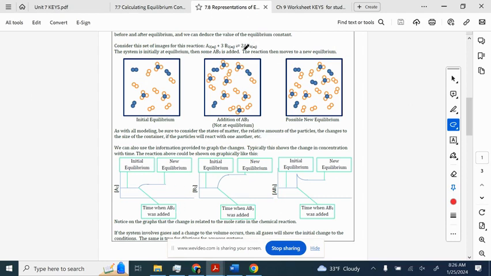So they're adding in more of this stuff. If they add in more of this stuff, then more of this stuff is going to form to establish equilibrium. Because if this is at a higher amount, this stuff has to be created to be able to get that back in balance. So that's why this is kind of a subtle curve here. This is also a subtle curve, but it's bigger than this one.